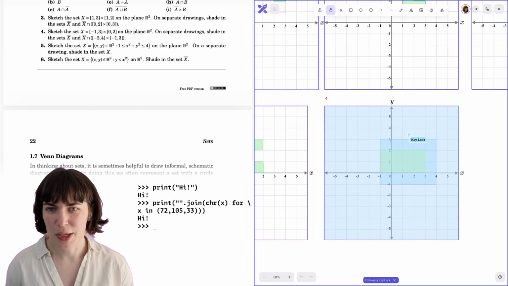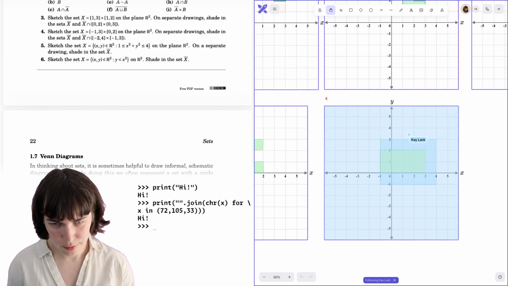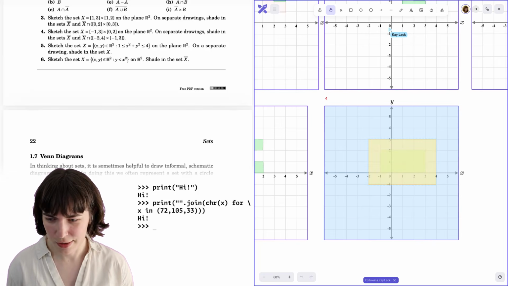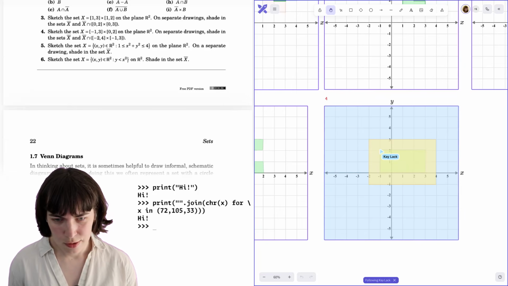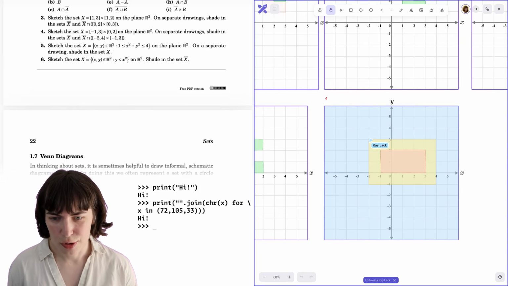So we should be intersecting this. So we're going to get like an outline. That should be fun. Aside from the fact I don't have an outline. And let's draw another shape.